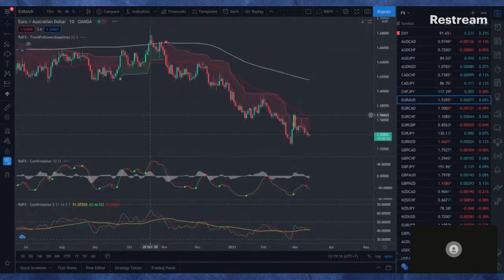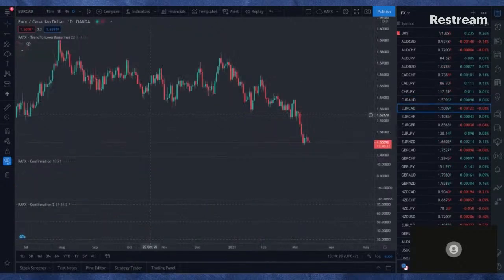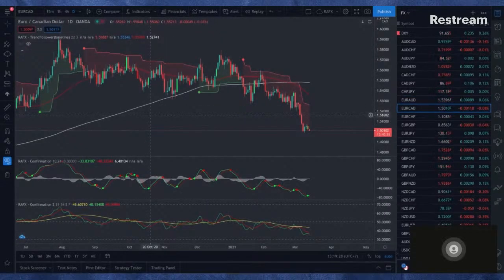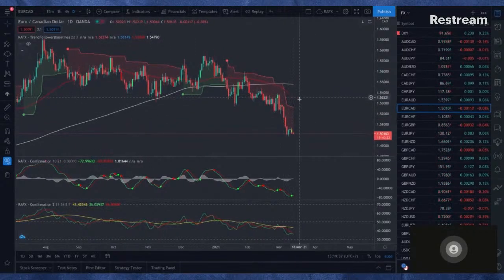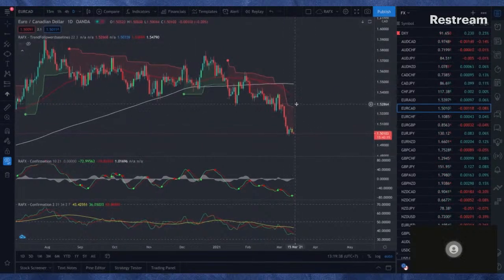so next is Euro AUD. For Euro AUD, it's still in a downtrend, but I will skip it because it is far from the baseline. Next is Euro CAD. I will also skip it, although it is in a downtrend and possibly there is a short opportunity, but it's still far from the baseline, which is this red line here.